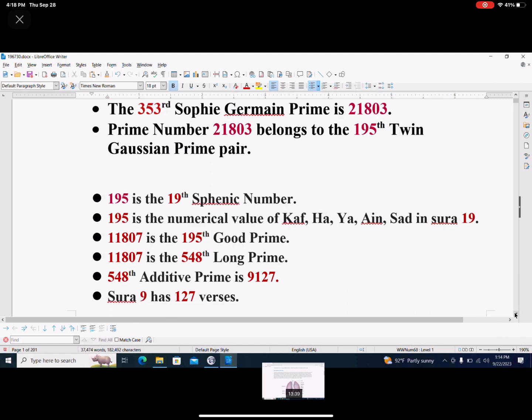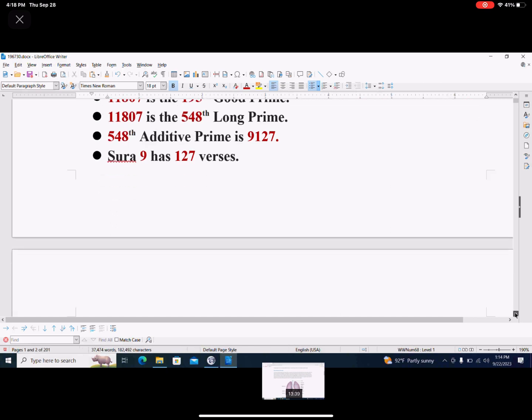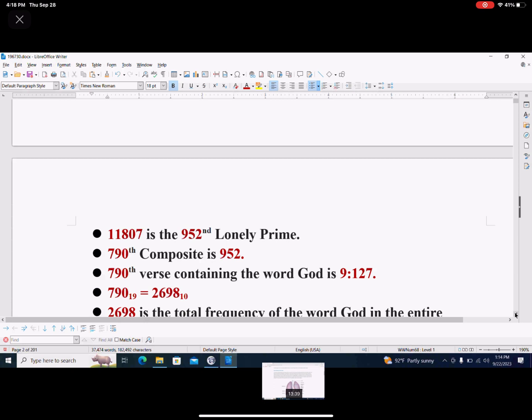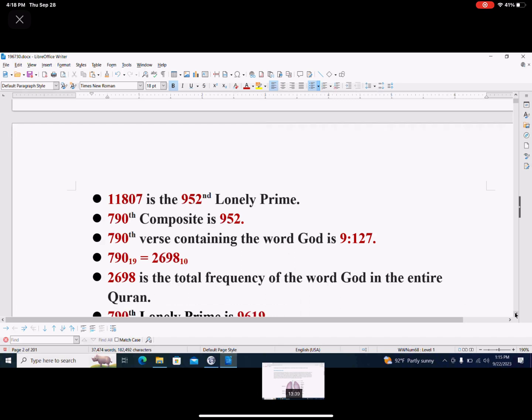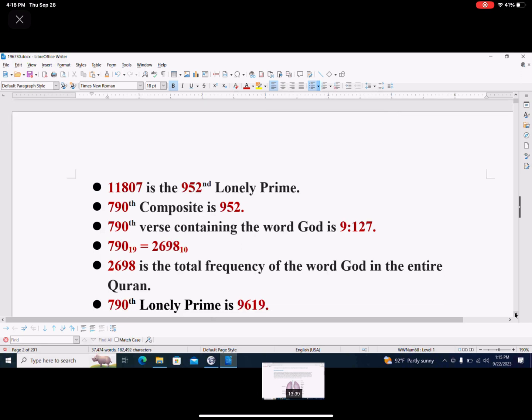Okay, 548, as I said, is 9127. Surah 9 has 127 verses. 11807 happens to be the 952nd lonely prime, but 790th composite is also 952. 790 verse containing the word God is 9127. 790 in base 19 is equal to 2698 in base 10. 2698 is total frequency of the word God in the entire Quran. 790th lonely prime is 9619.